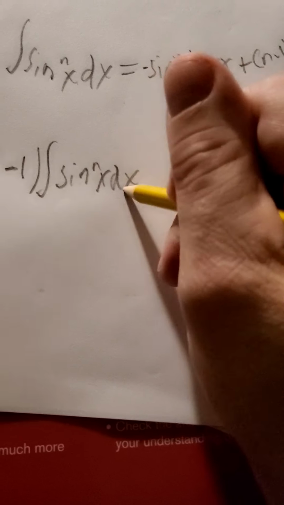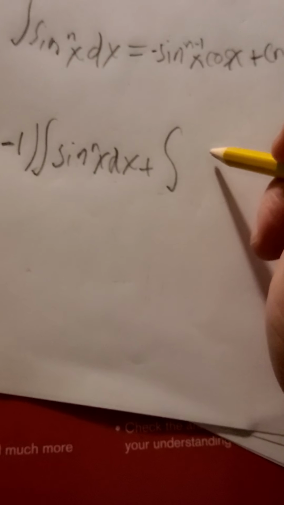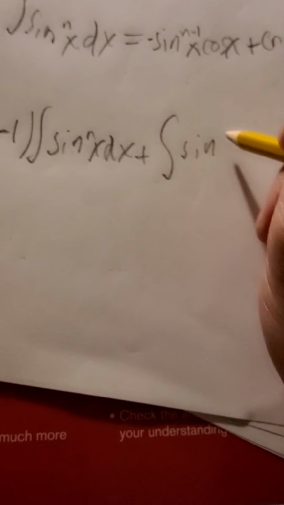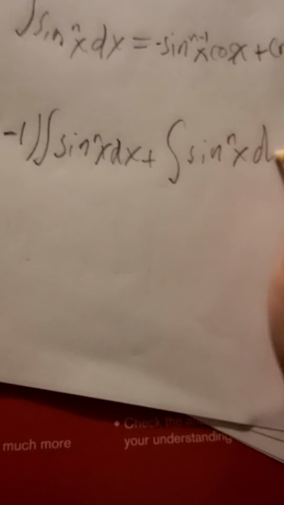So I have to say that n minus 1 times the integral of sine n of x dx plus this integral of sine. Let me just find that first real quick, and then I can write it all out.